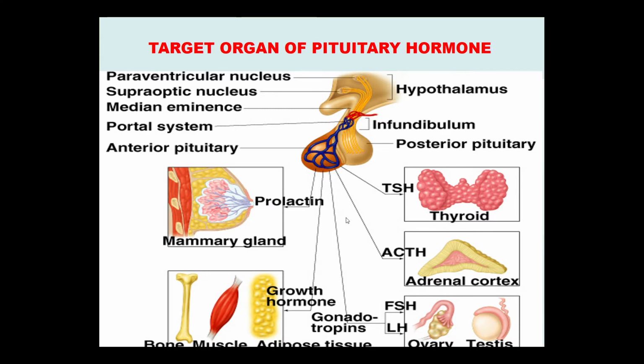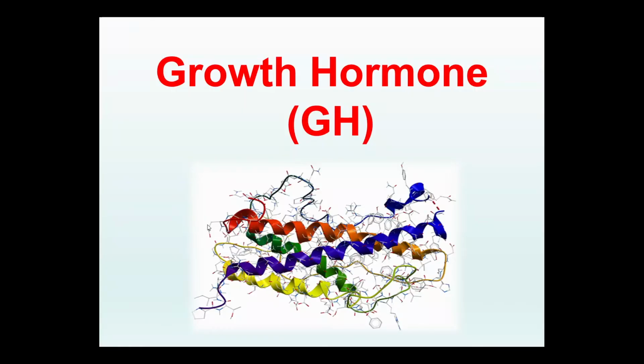Gonadotropins, like LH, can regulate production in the gonads, ovaries, and testes. TSH regulates production of hormones in the thyroid gland, but some of them, like prolactin and growth hormone, have direct action. They can regulate metabolism directly in their target organs.